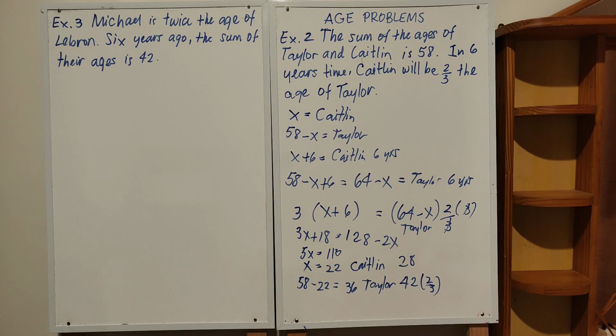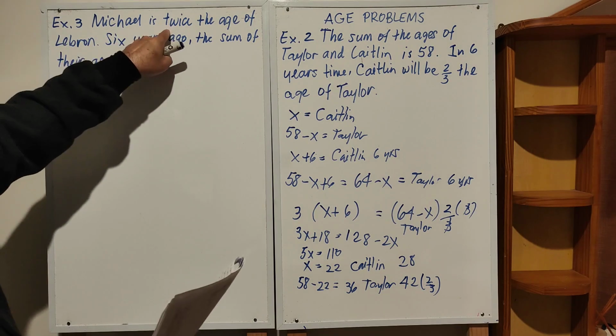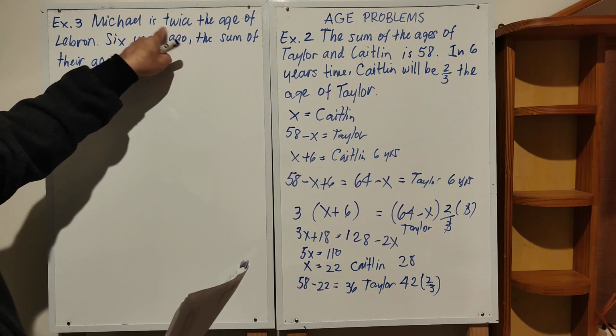Example 3: Michael is twice the age of LeBron. 6 years ago, the sum of their ages is 42. Who is older? Michael is twice, so he is older.